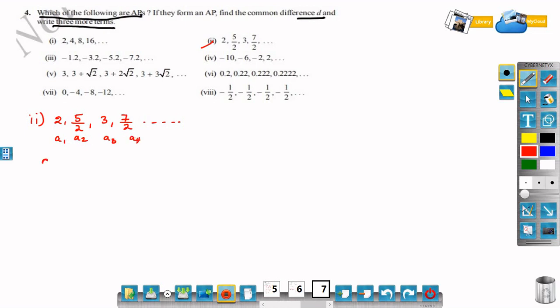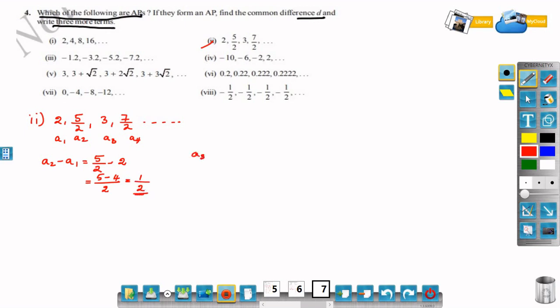Now find the common difference. A2 minus A1. 5 by 2 minus 2. That is, 2 is the common denominator. 5 minus 2 into 2, 4. That is 1 by 2.